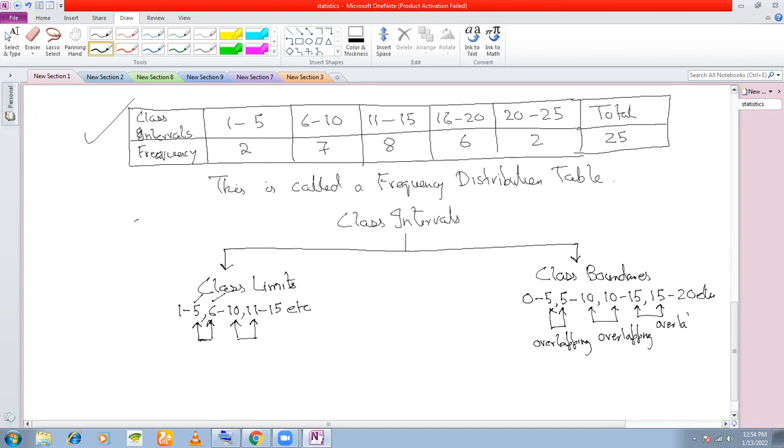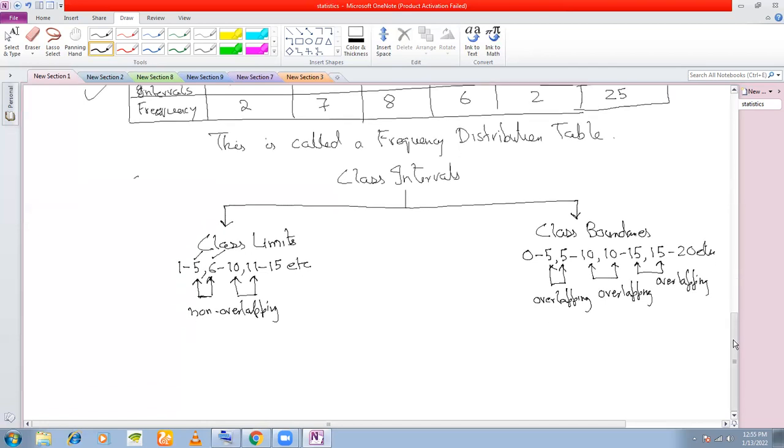All these are overlapping, but here these are non-overlapping. So the class intervals which are non-overlapping are called class limits, and the overlapping class intervals are called class boundaries. Class boundaries is very important, but the point is class limits can be converted to class boundaries.